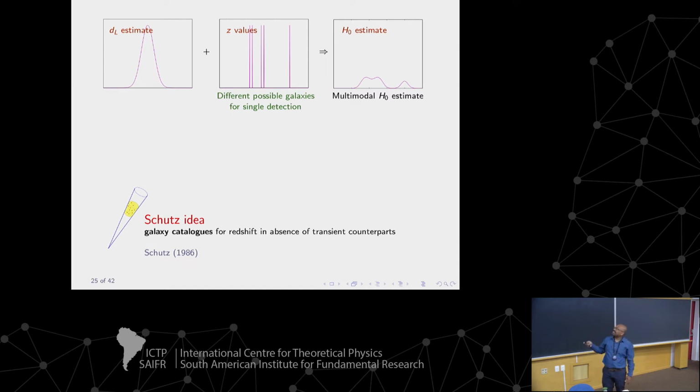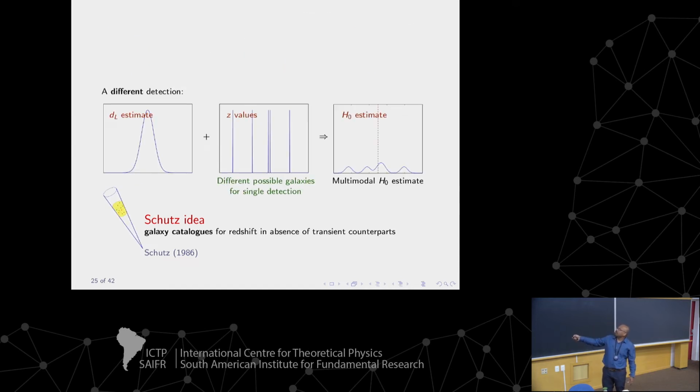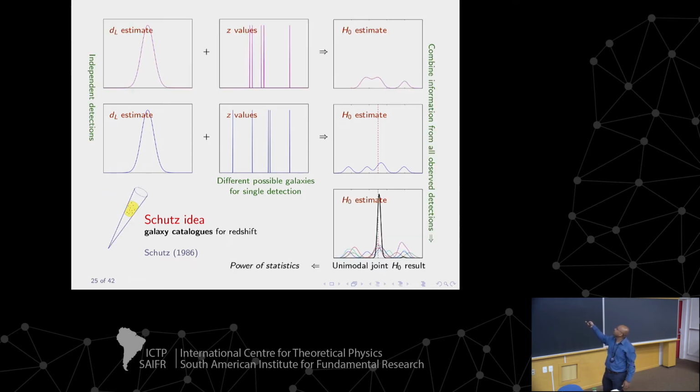However, suppose one has a different observation coming from a different part of the sky, a different distance estimate, a different set of galaxies, different set of Z values again taken to be 5, a different multimodal H0 estimate, also not informative by itself.